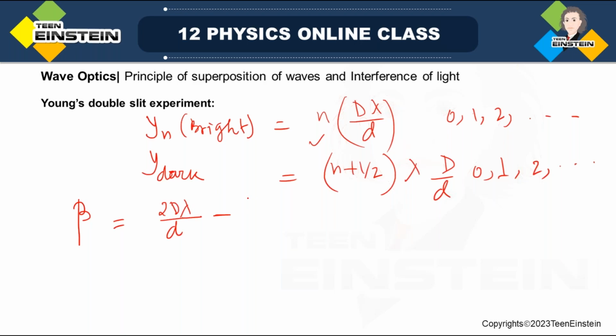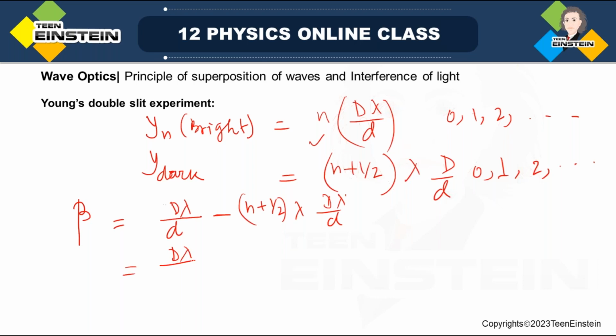So here, I'm sorry, it is D lambda by d, and here it is n plus half into D lambda by small d. This will be common, so I have to take the difference between them.